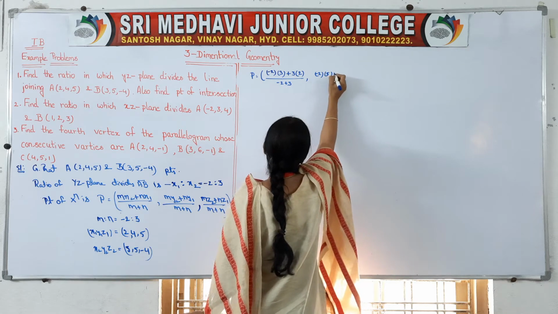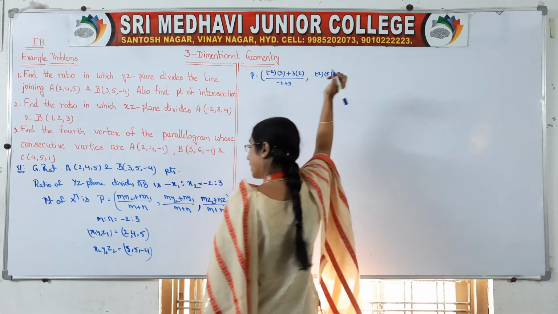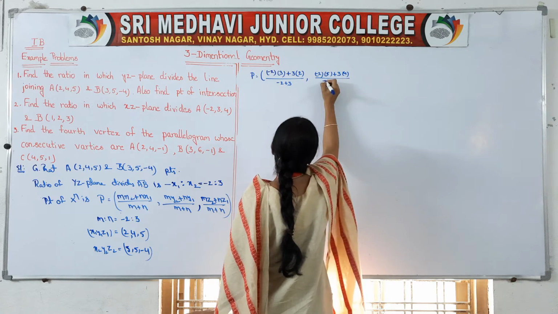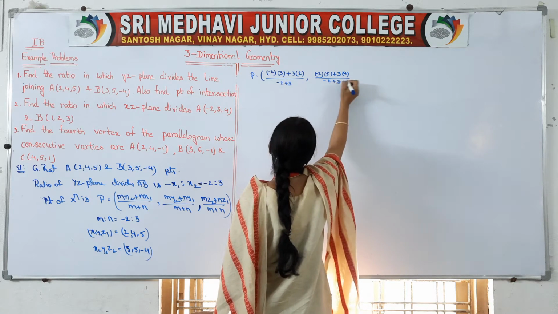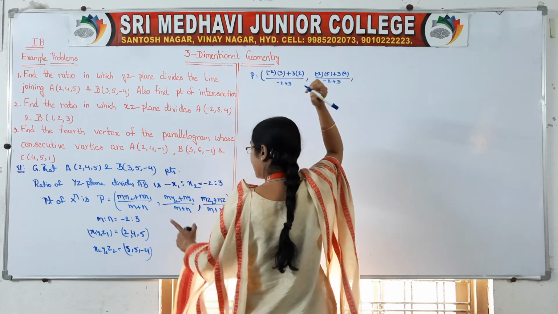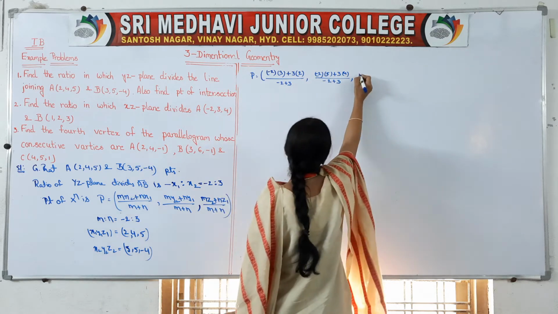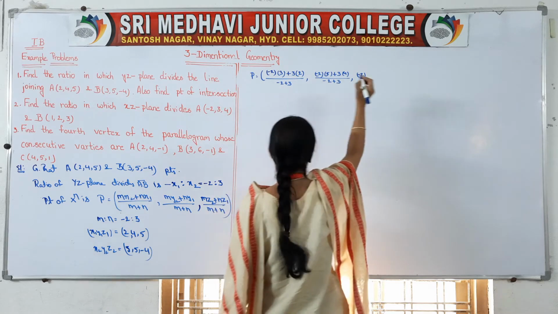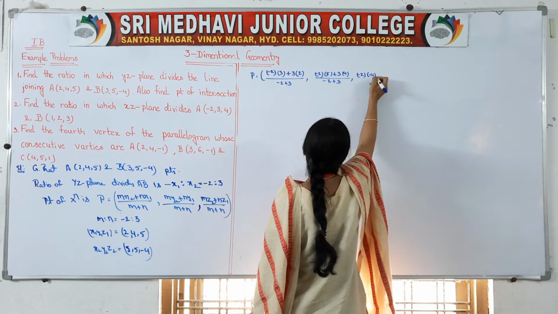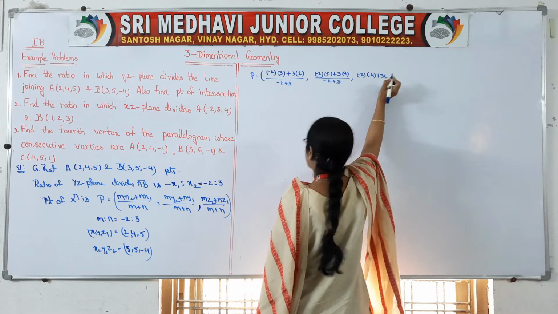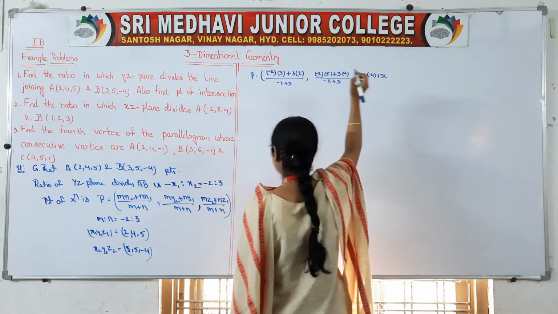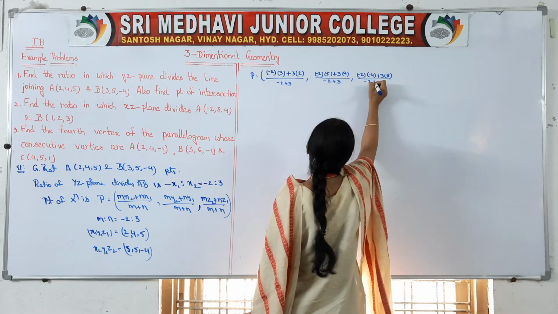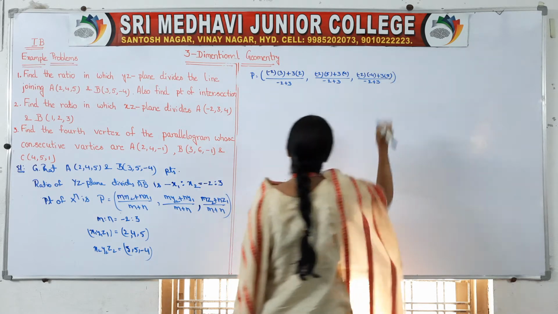Okay, next plus n, 3, y1 is 4, divided by minus 2 plus 3. Similarly, m z2, m is minus 2 and z2 is minus 4. Okay, n is 3, z1 is 5. Okay, by minus 2 plus 3.